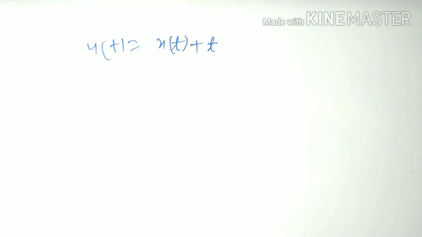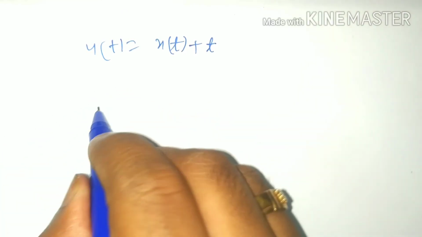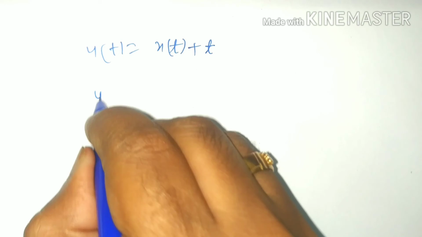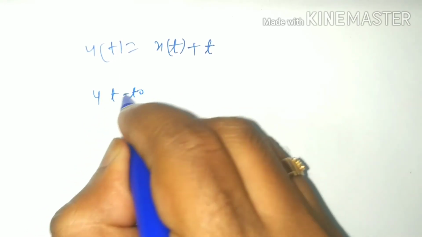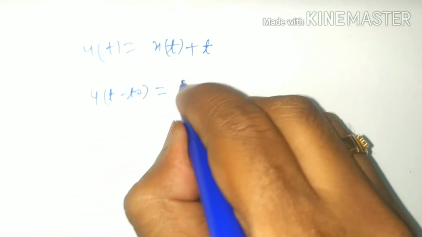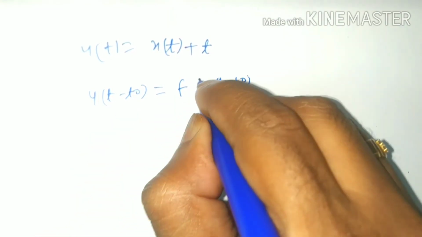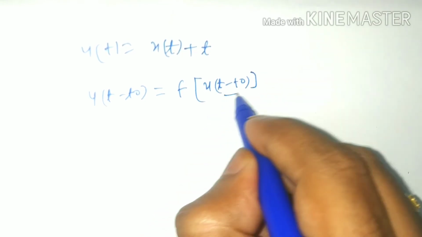Let us see a problem of time variant and time invariant systems. We know that a system is time invariant if y(t minus t naught), that is, if we shift the output by t naught, equals the response to the input also shifted by the same t naught.